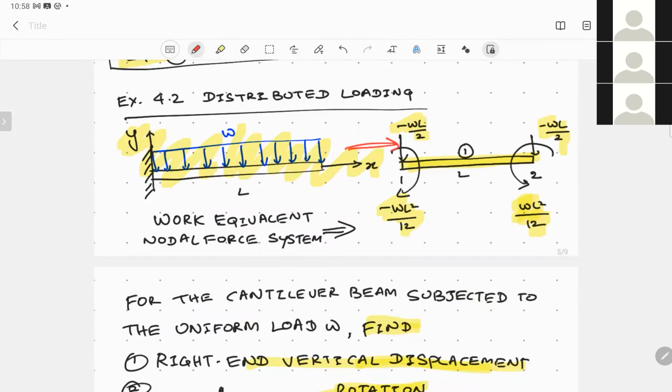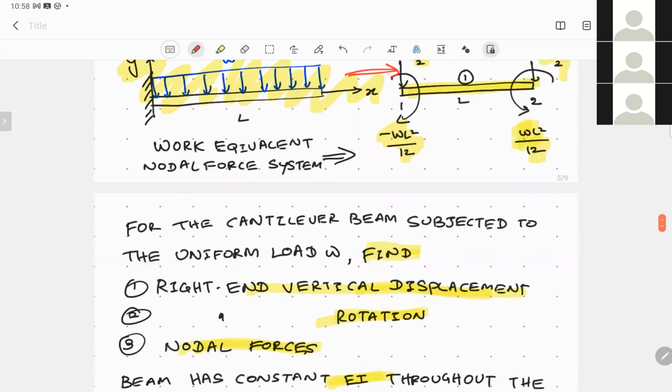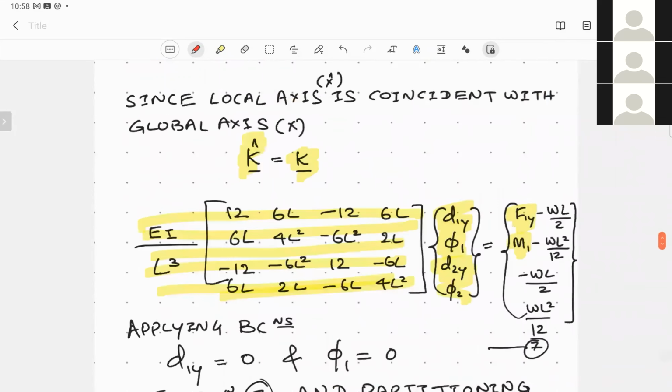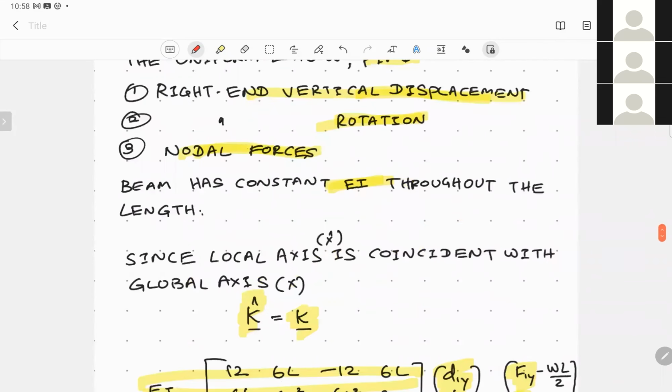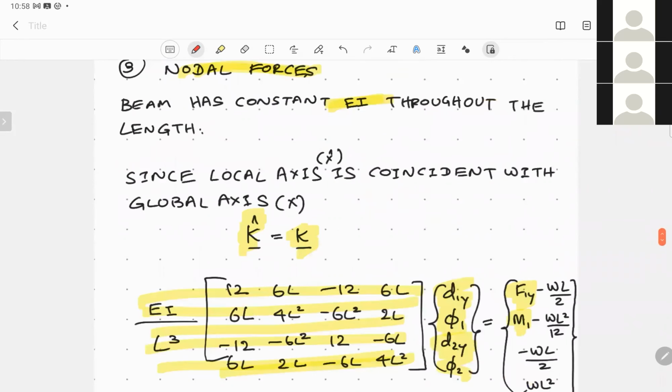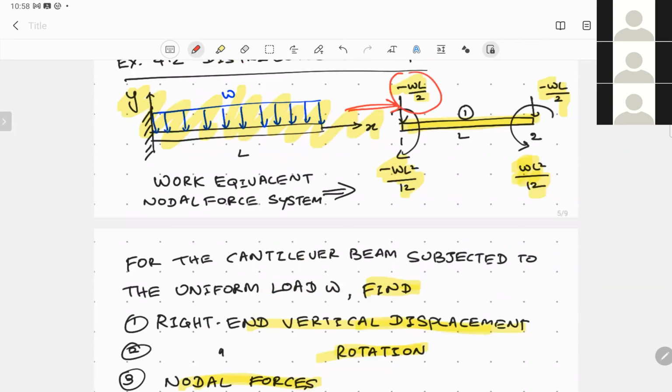So what you can do is simply apply this. The force at node 1 should be F1Y, but minus WL by 2, because we know this distributed load, when it is discretized, has a contribution of minus WL by 2 at node number 1.